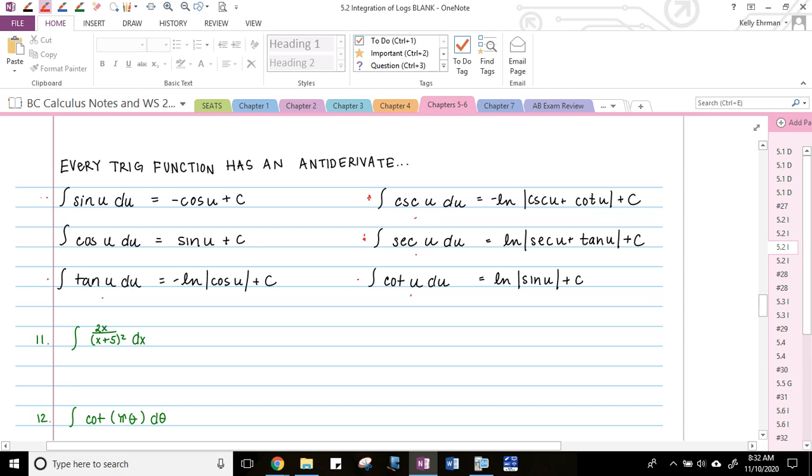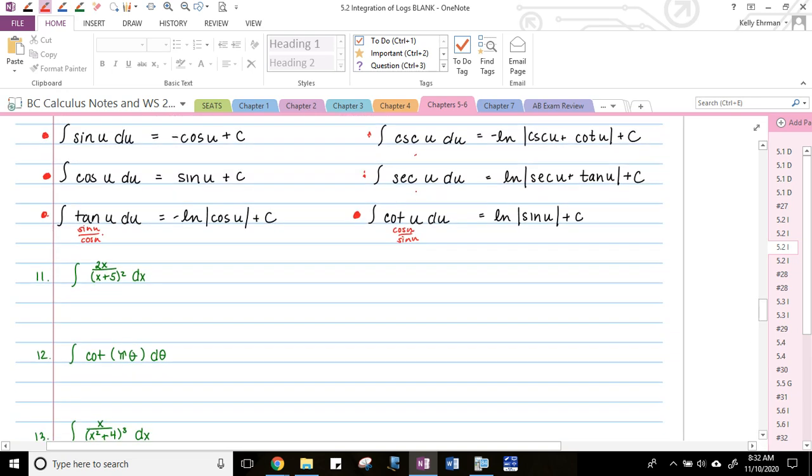But any of these, 1, 2, 3, 4, could pop up on the AP test because you should have sine and cosine memorized, and you can easily figure out tangent and cotangent, since tangent is sine u over cosine u, and cotangent is cosine u over sine u. So anyway, we will have to be referring back to these, probably doing homework and stuff.